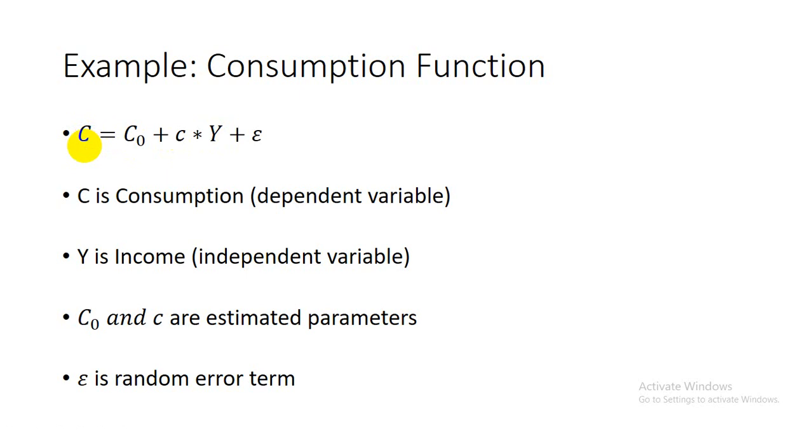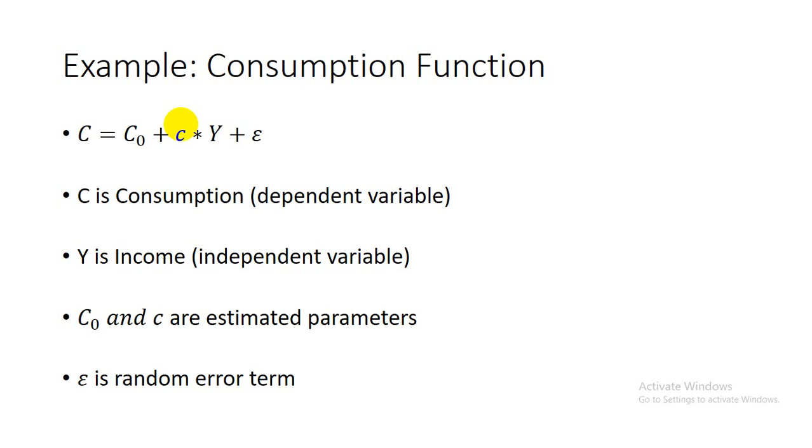However, there are many other factors which are not included in this regression model, and all go into this error term. And what an econometrician does is explore and find different variables from epsilon, or the error term, to bring into the model to explain the accurate picture of consumption.